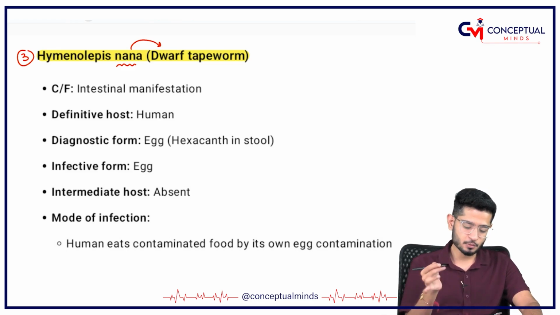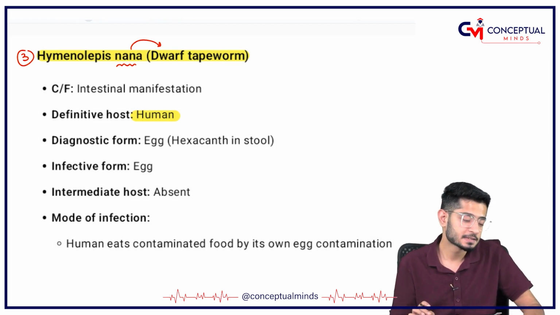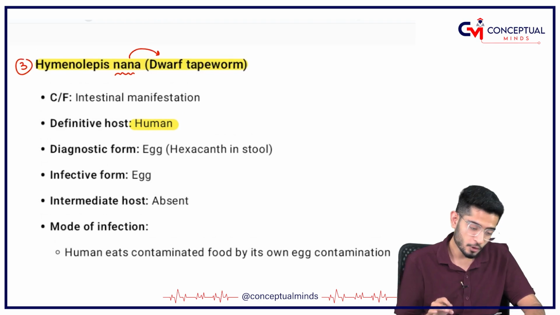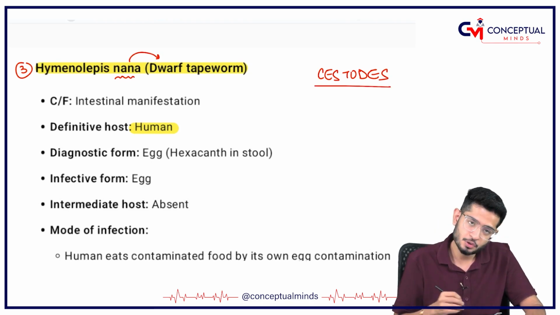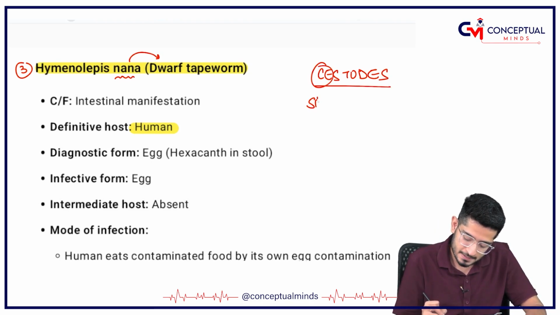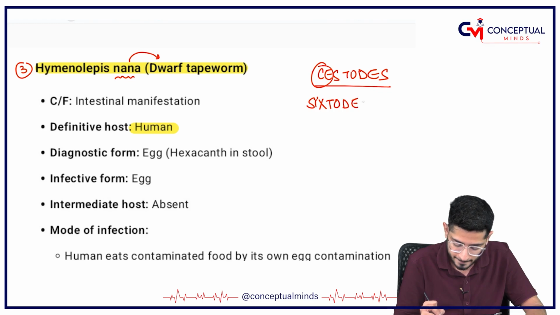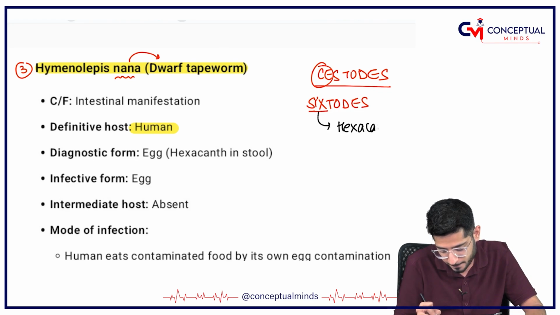Some things are very obvious, that there is a human who is the definitive host there. But my dear friends, since we are discussing this, we are starting with the cestodes. You can remember cestodes as sixtodes because their egg is a hexacanth egg.